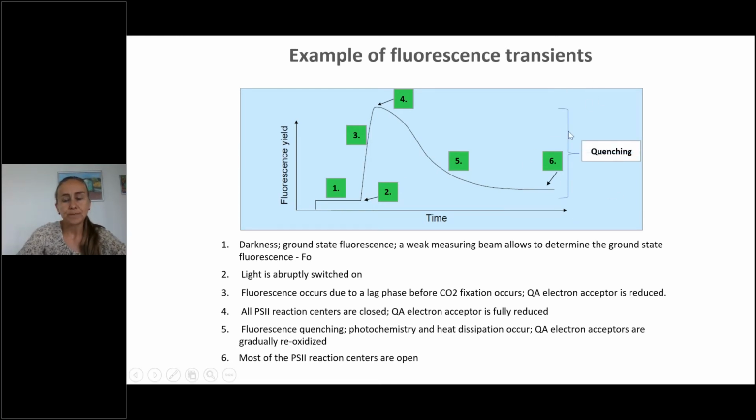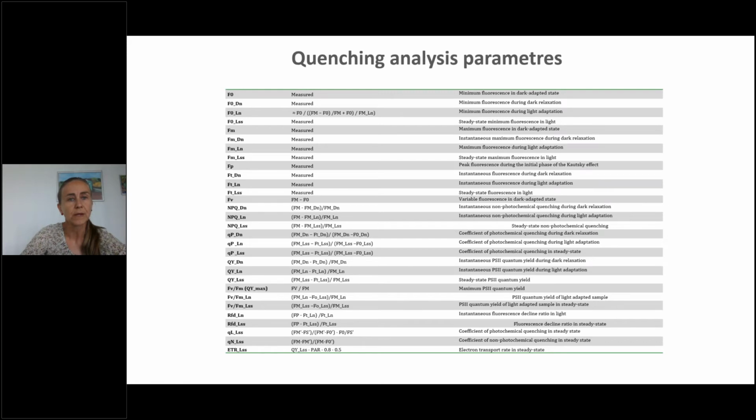Overall, what we measure and obtain is the amount of energy that is being quenched by the photosynthetic organism, and we heard enough about the key discrimination of the processes that are referred to as photochemical quenching or photochemistry and non-photochemical quenching of fluorescence. So the result of the quenching analysis, depending on the specific definition of the protocol, is a large list of measured parameters and a list of parameters that can be calculated.